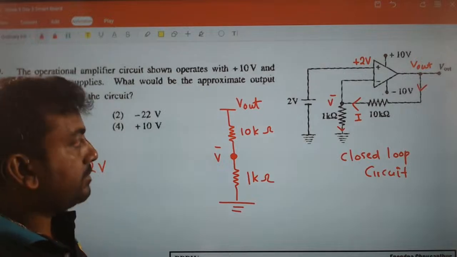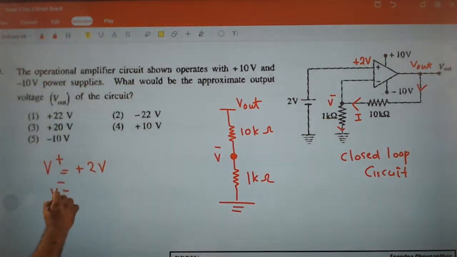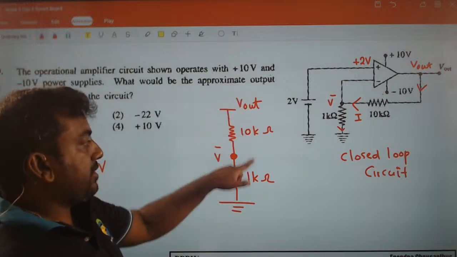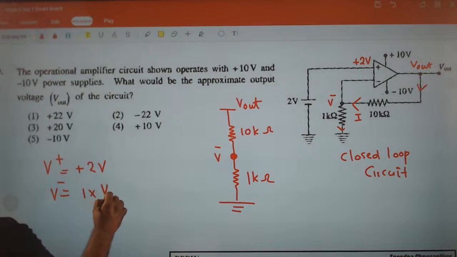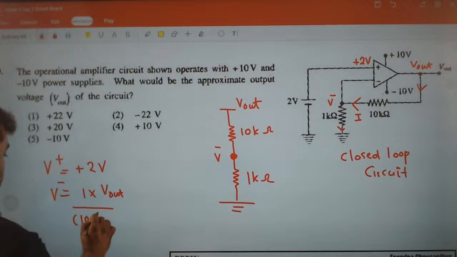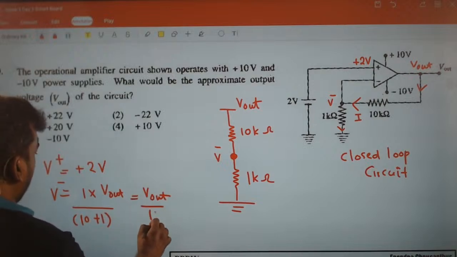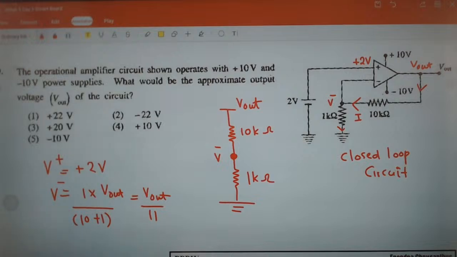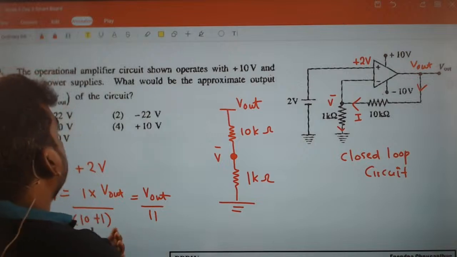Potential divider theory. So what's the voltage there? V minus is the resistance times the total voltage, so 1 kilo ohm times the total voltage divided by the sum, 10 plus 1. So output voltage divided by 11 is V minus.